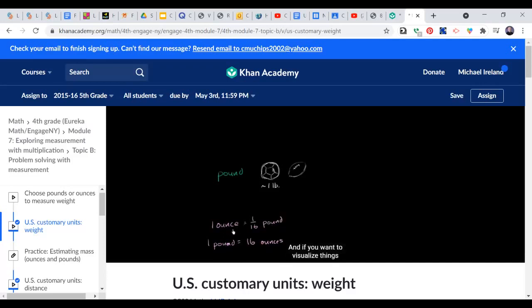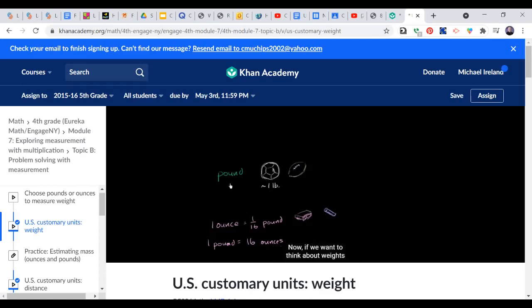And if you want to visualize things that weigh about an ounce, you could imagine a small box of matches might weigh about an ounce. Maybe a small AA battery would weigh about an ounce. But that gives you a sense of it. So if you were to take 16 of these together, they would be about the weight of a soccer ball or a football.